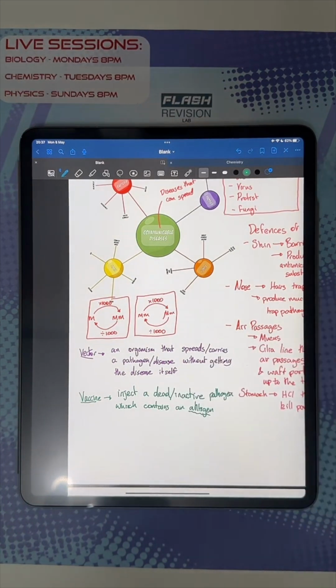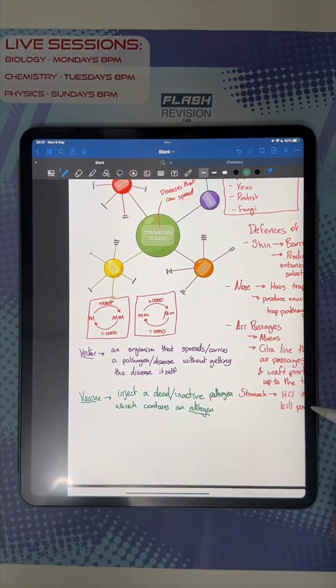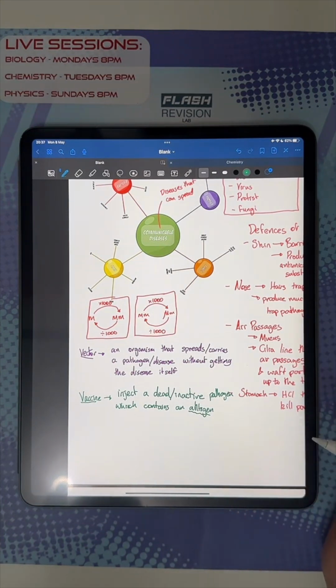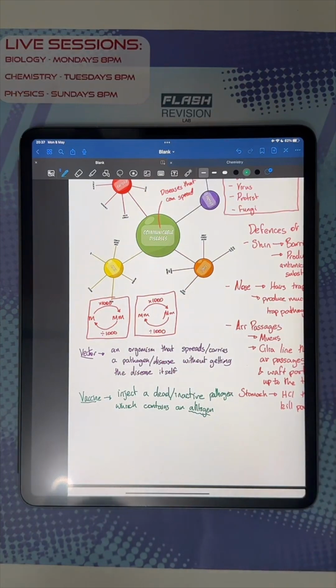These ones are already dead, but the most important thing is once it has figured out how to fight the pathogen, if this pathogen was to ever enter the body again, our body would have the right antibodies to fight it. It would be able to rapidly produce the antibodies to kill the pathogen.